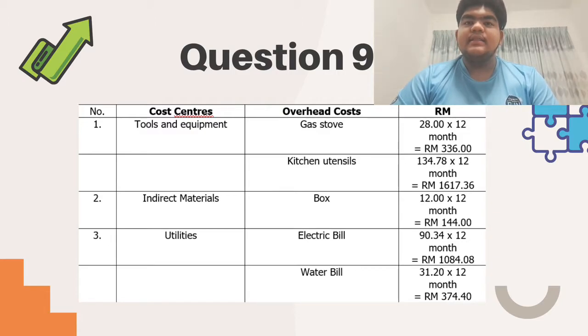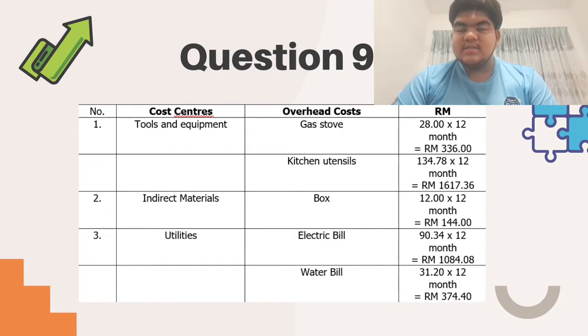Our second item in cost center is indirect materials with the overhead cost of box with the price of RM12 per month multiplied by 12 months, which is RM144.